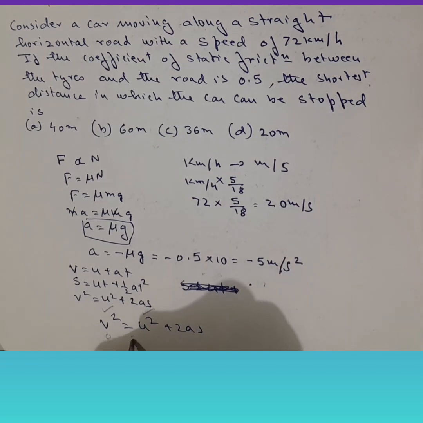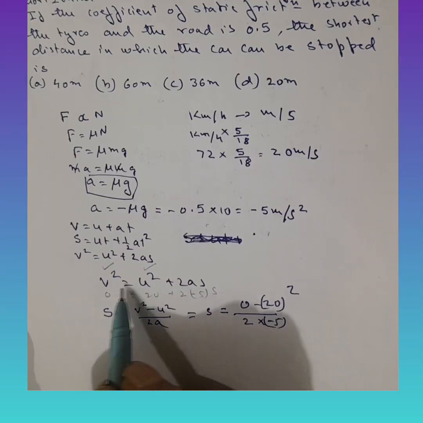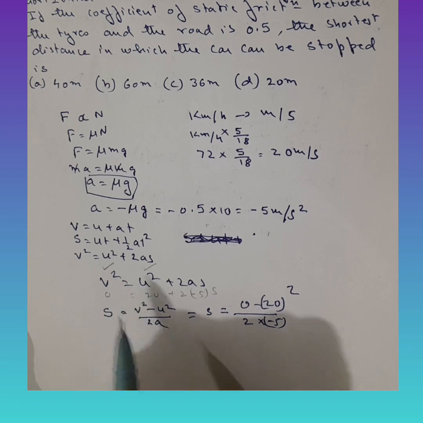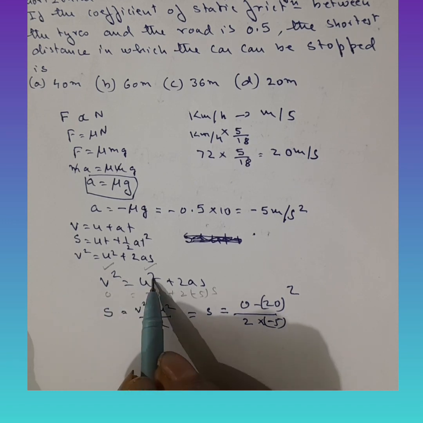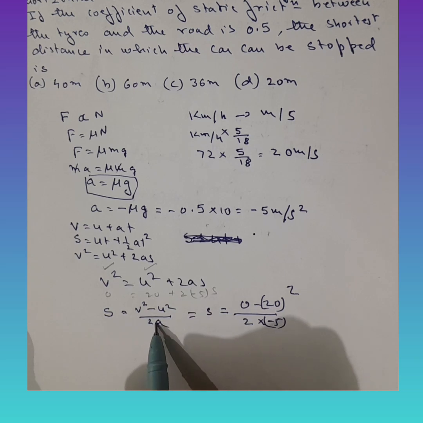And acceleration, rather retardation, is minus 5, and what remains is s. So if I take u square this side, it becomes v square minus u square. Then I take 2a down in the denominator, so s is equal to v square minus u square over 2a.